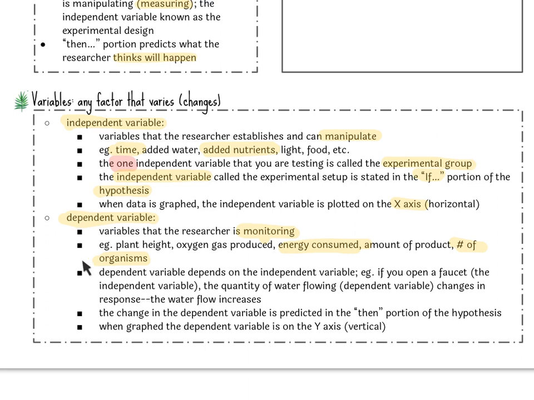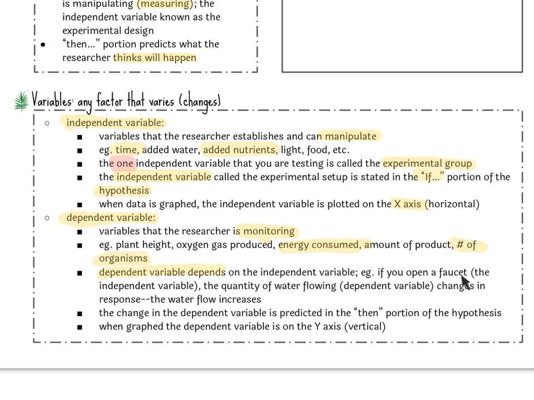Okay, and looking at this bullet right here, the dependent variable depends on the independent variable. If you look at the root word of dependent, it's depends, and the dependent variable depends on the independent variable. So, for example, if you open a faucet, who's opening the faucet?